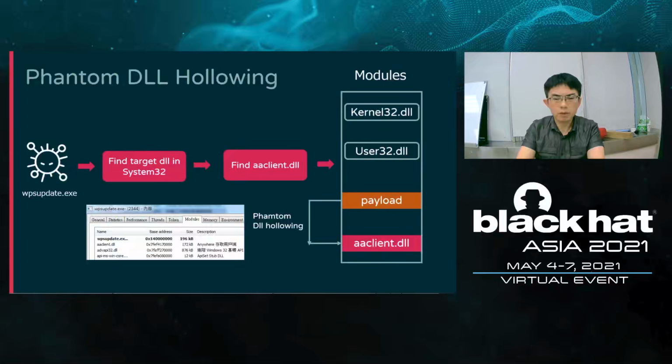This photo shows the workflow of the phantom DLL hollowing technique. The essence of this technique is to find a target DLL in the system directory whose .text section is big enough to act as the host of the payload shellcode. The injector component will call NtCreateSection and provide the flag SEC_IMAGE as its parameter.